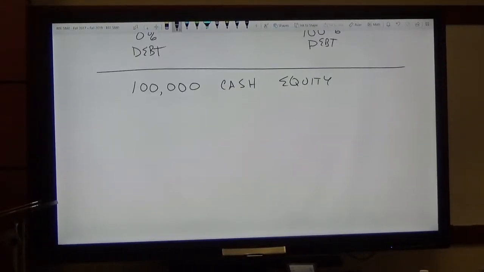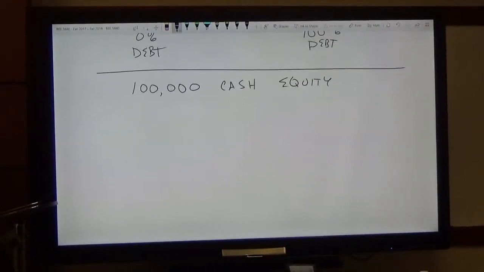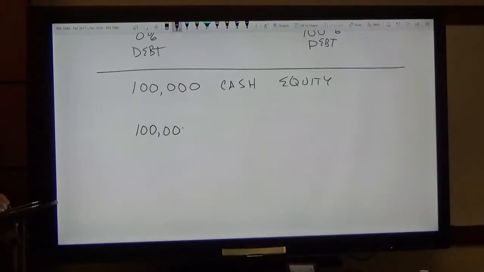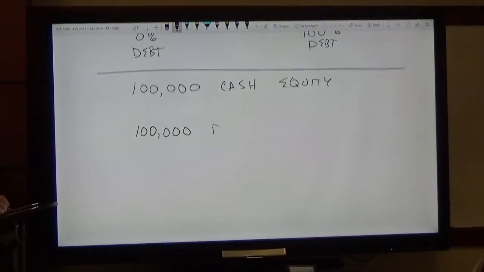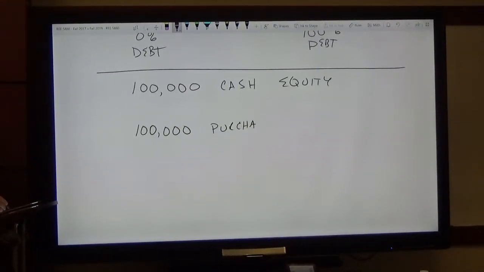You take that $100,000 of cash equity and go find a house, and that house has a purchase price of $100,000.